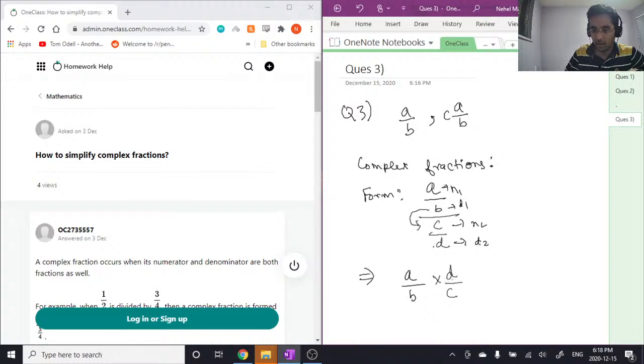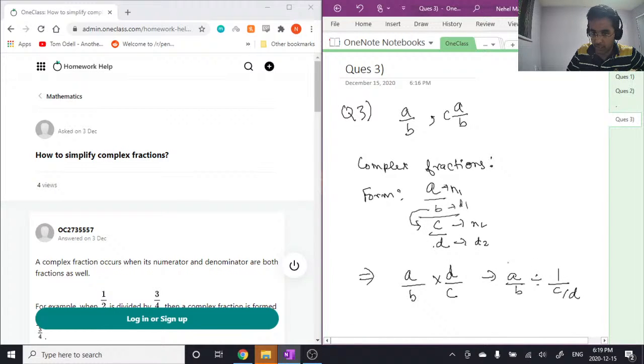And now, if you want to convert the opposite of multiple, you would say that's equal to a over b divided by 1 over c over d. So that's essentially how you convert.